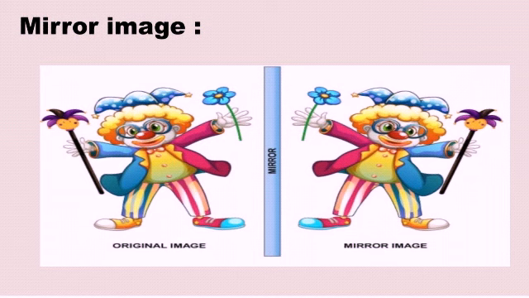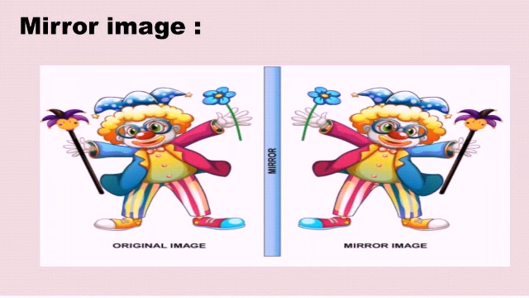Mirror image means when we keep any object in front of a mirror, the image we get is called the mirror image of the object. On the left side, I have shown the original image, and on the right side the mirror image.